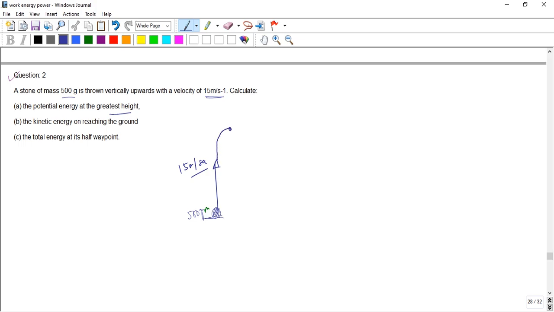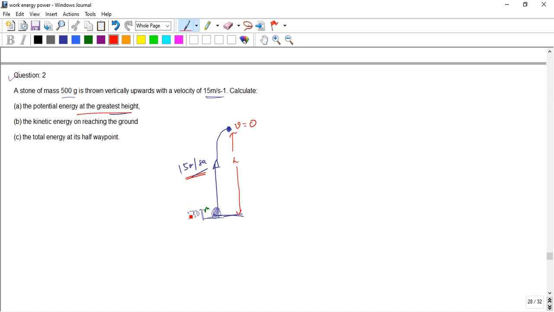So the stone goes to that height from the ground, and at that height the velocity is 0. Initial velocity is 15 meter per second. What is the potential energy at the greatest height?